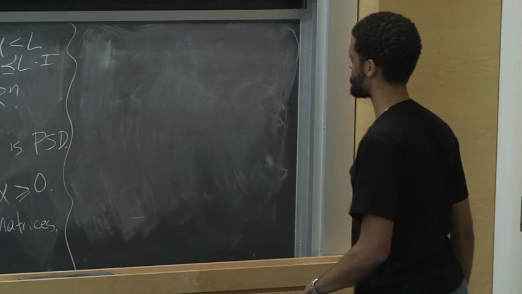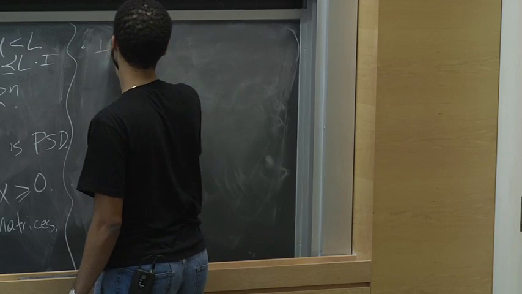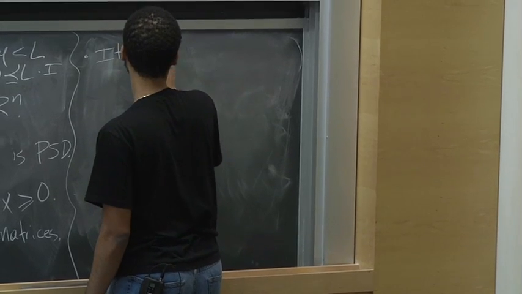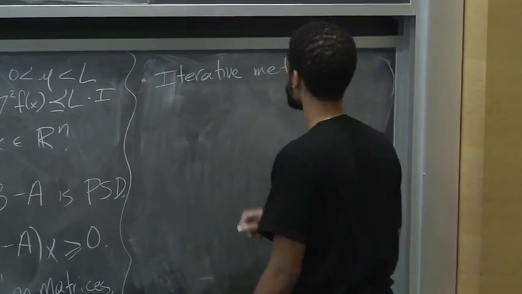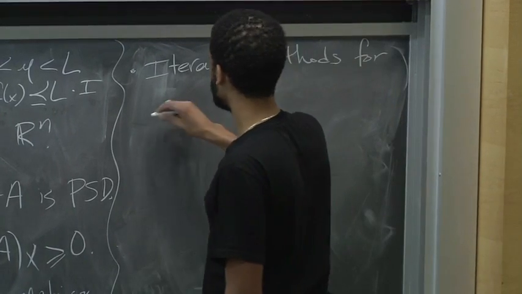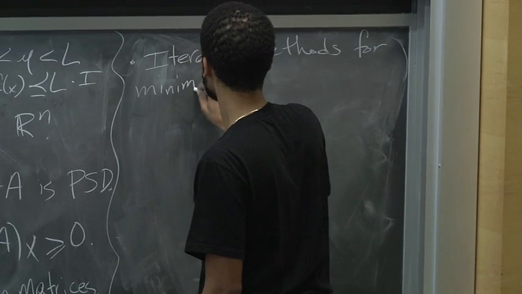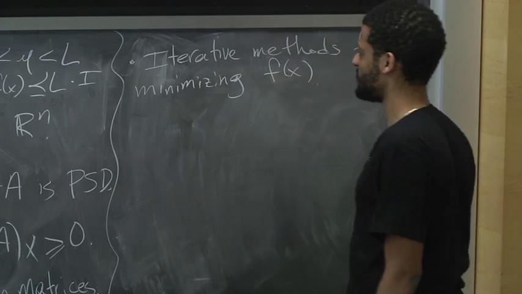So what do iterative methods do for minimizing f of x?